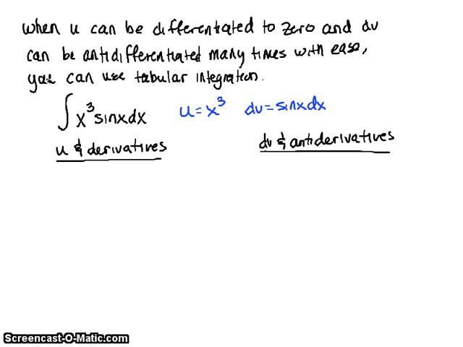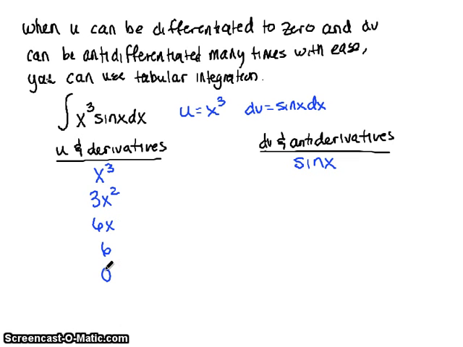If we take the derivative of x to the third over and over again, we're eventually going to get to 0. And if we look at sine of x dx, we could take the antiderivative of that over and over again without much trouble. So that's exactly what we want. We're going to start with x to the third and sine of x, and start taking derivatives on the left-hand side: 3x squared, 6x, 6, and 0.